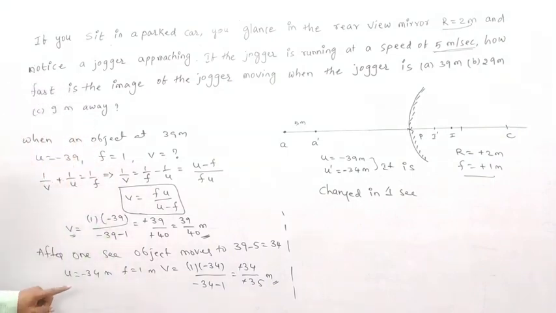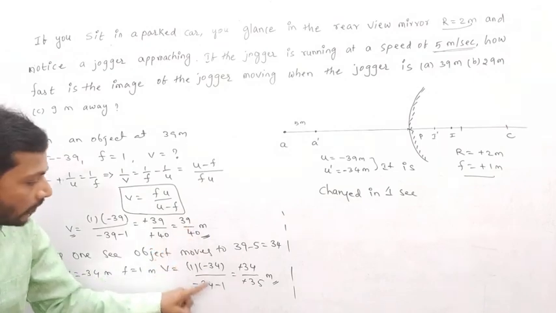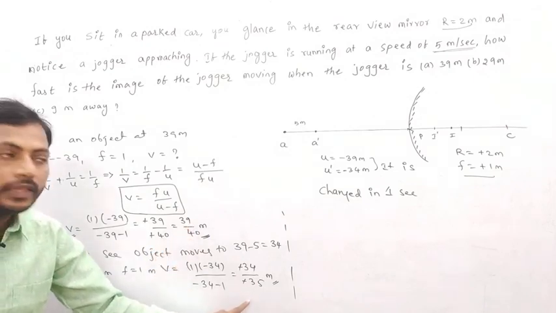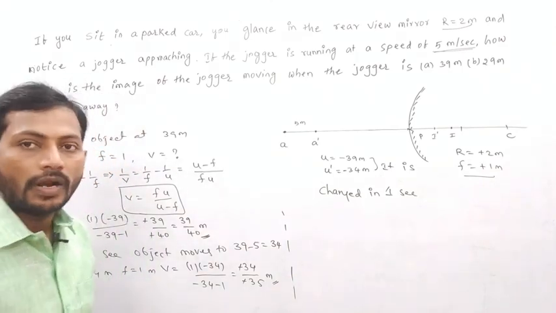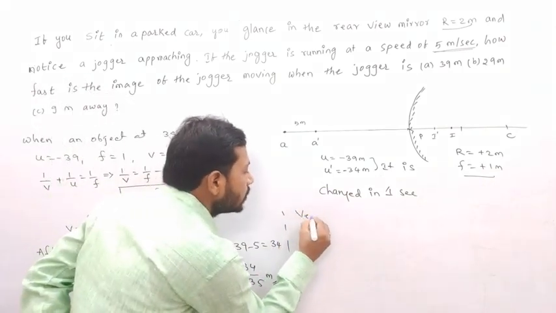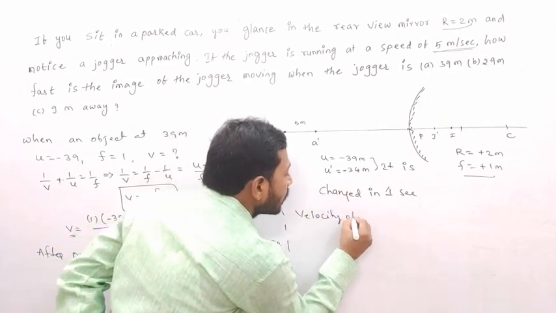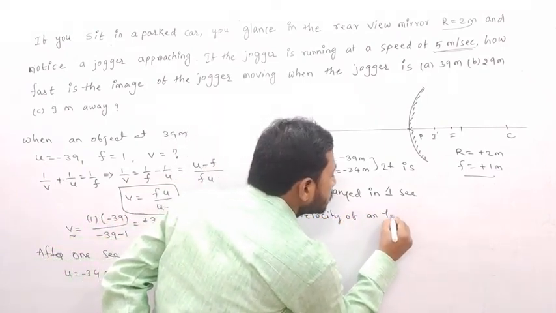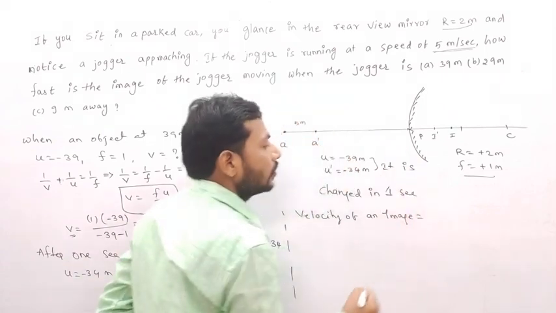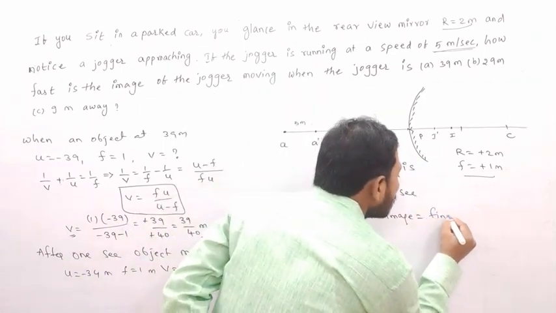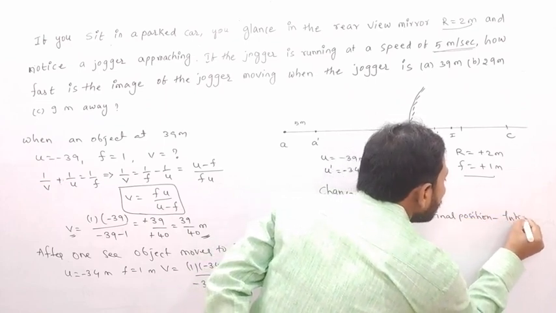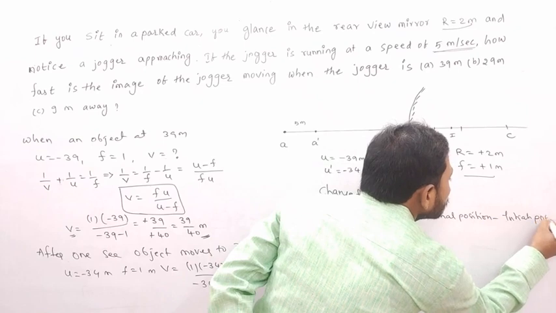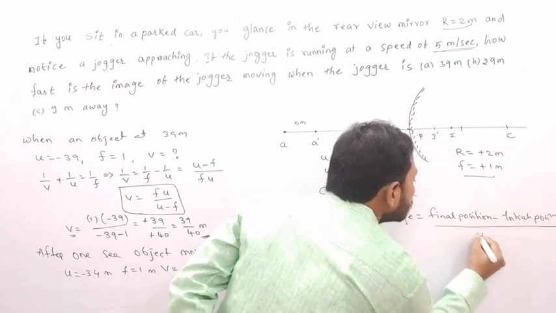Now see, before 1 second the image was here, and after 1 second the image is here. Now what is meant by velocity? I am going to use the formula. Velocity of an image equals final position minus initial position by time taken.